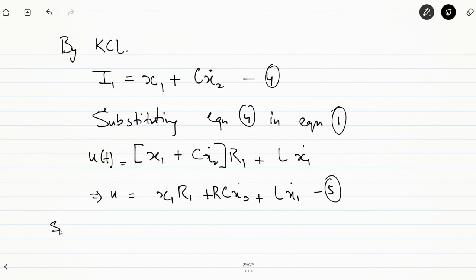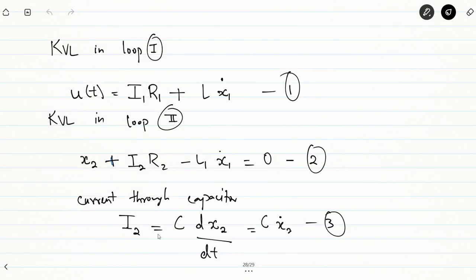ऐसे ही substitute equation number 3 in equation number 2. Equation number 3 क्या है हमारी? Equation number 3 is I2 is C x2 dot. Equation number 2 हमारी है x2 plus I2 R2 minus L1 x1 dot is equal to 0. So ये जो I2 है यहाँ पे substitute करेंगे.